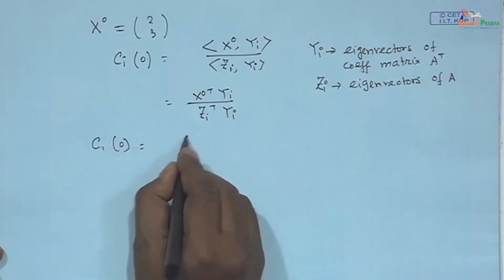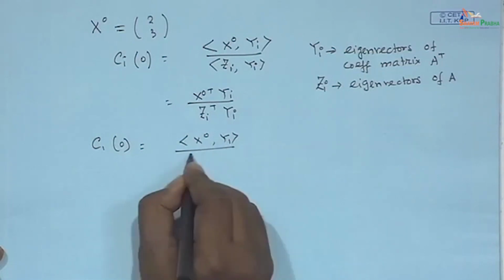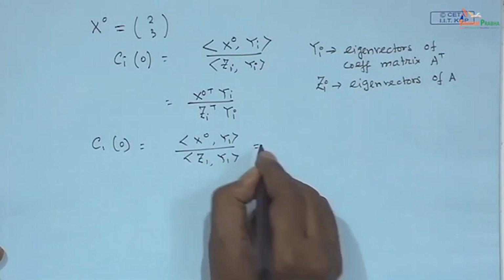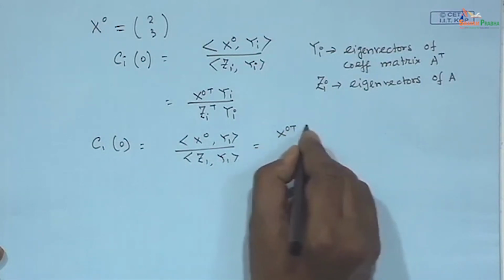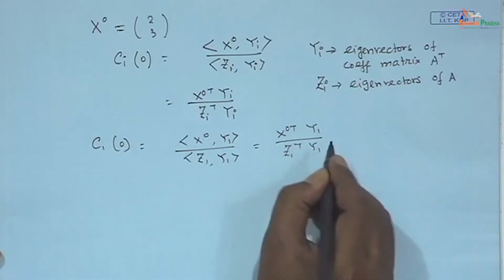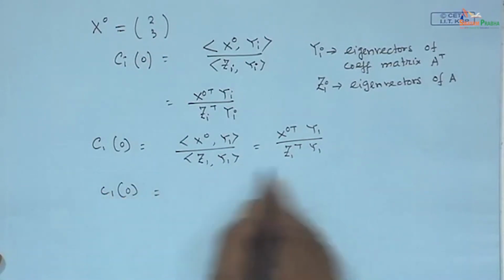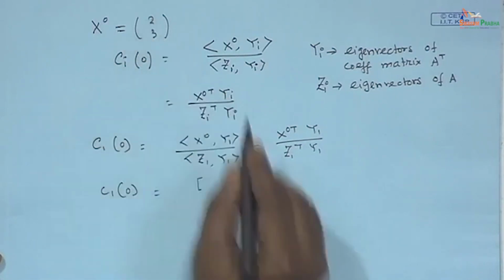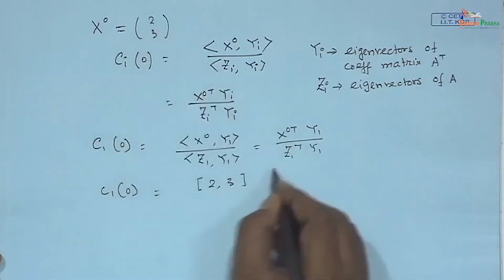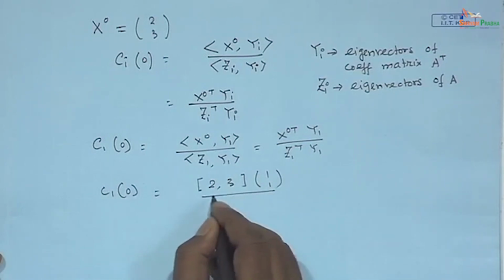So, this will be nothing but x 0 transpose y i divided by z i transpose y i, and C 1 0 becomes the inner product of x 0 and y 1 divided by the inner product of z 1 and y 1. So, this will be x 0 transpose y 1 divided by z 1 transpose y 1. The coefficient C 1 0: x 0 transpose was the transpose of the vector 2 3, and y 1 is nothing but the eigenvector 1 1, divided by z 1 transpose y 1.